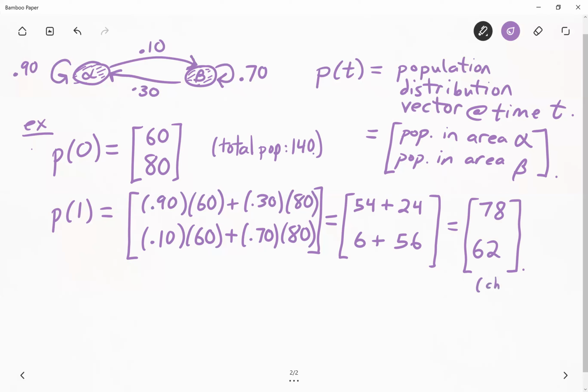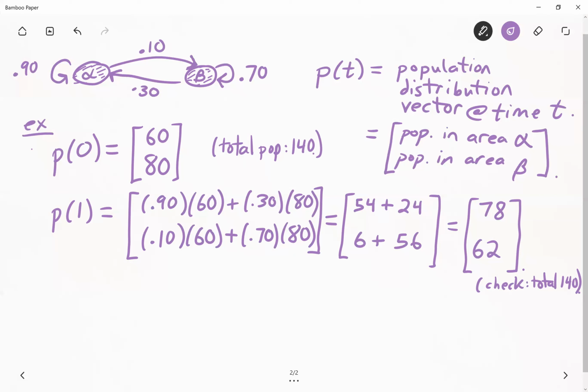So as a quick check, the total in year 1 is still 140. All models are simplifications of some real-world phenomena, but in this population model, we're assuming nobody dies, nobody's born, just a population is moving around between two areas. And so the population remains constant at 140.